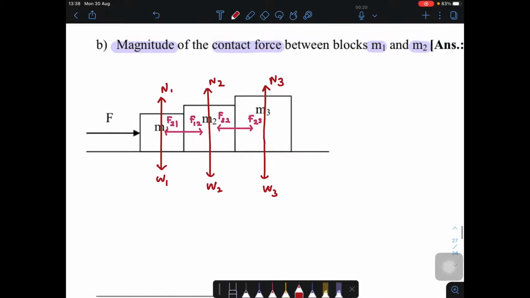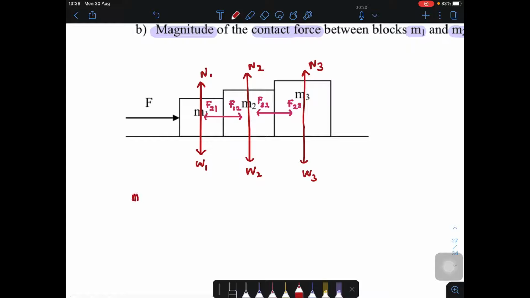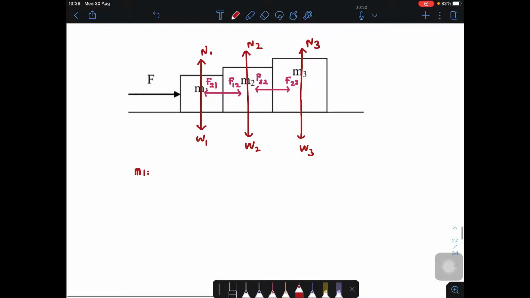Okay, so apabila kita lukis the free body diagram, kita lukis dahulu for M1. Kita ada N1, W1. N1 ke atas, and then F21 is going to the left.